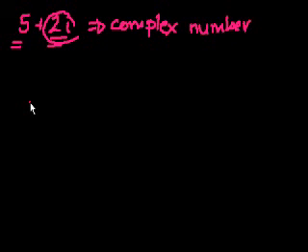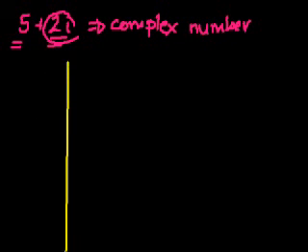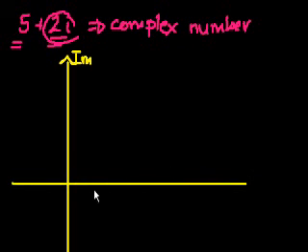And if you want, you could even graph a complex number. You could make the vertical axis the imaginary axis, and you could make the horizontal axis the real axis. This is a symbol for the set of real numbers.